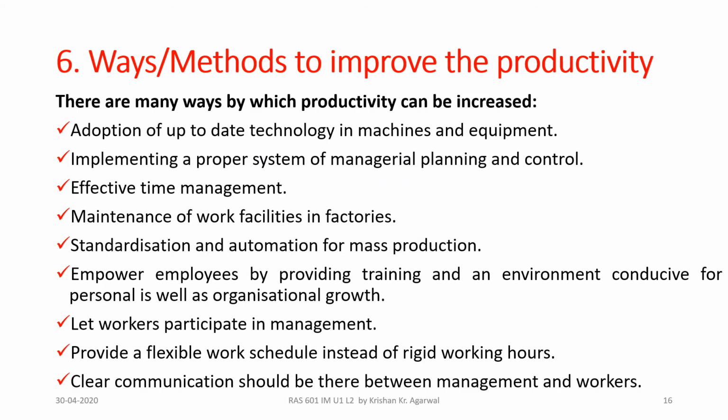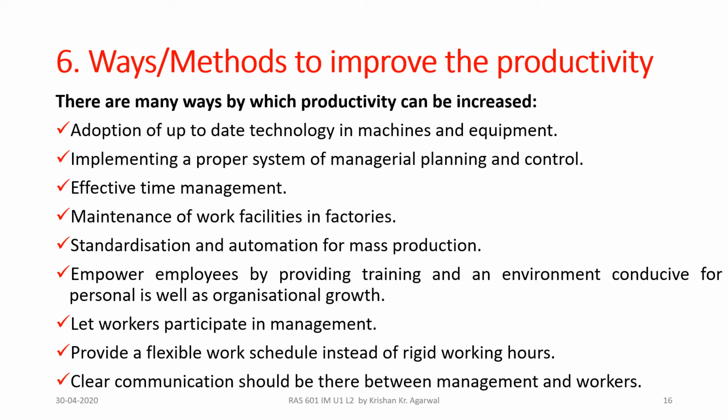Next comes, there are various methods to improve the productivity. So far we know the importance of the productivity and how we can find out the productivity in the organization. Then the next task is obviously to search the means through which we can improve the productivity in the organization.